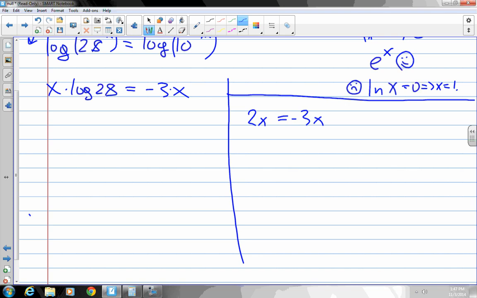Add 3x. You want to group your variables on one side. What is that going to give you? How do you know that? That's true, but besides that, how did you get 5?